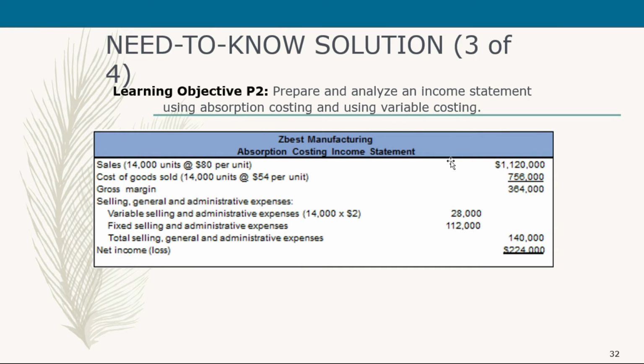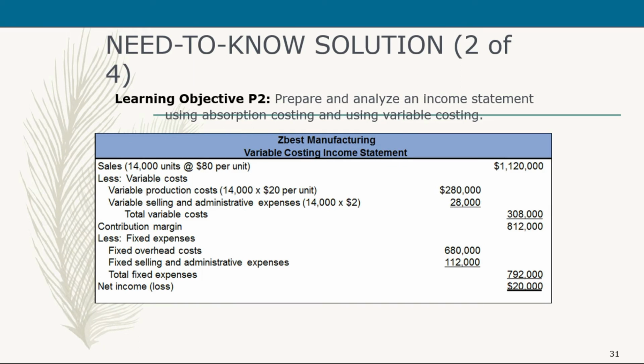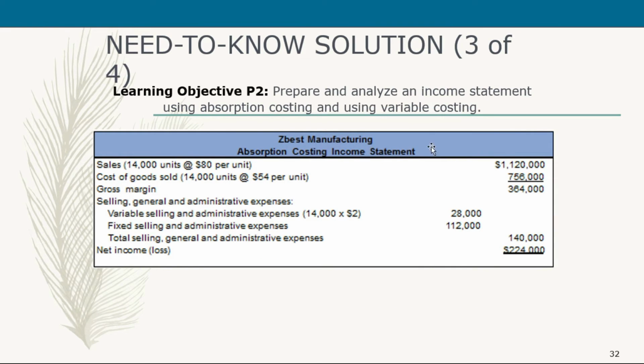So when we compare the income statement of the variable costing to the absorption costing, definitely the net income is higher under absorption costing. Okay? Why? Because your units produced is higher than your units sold.